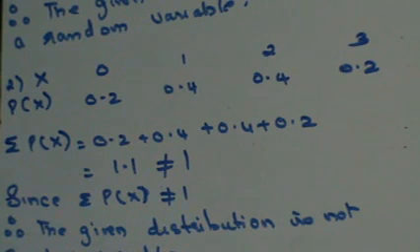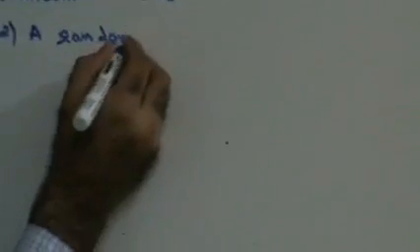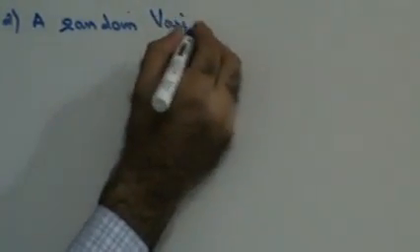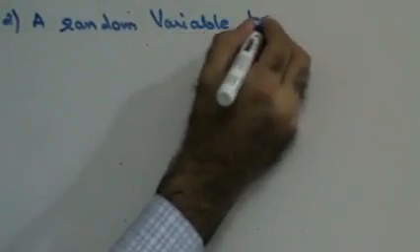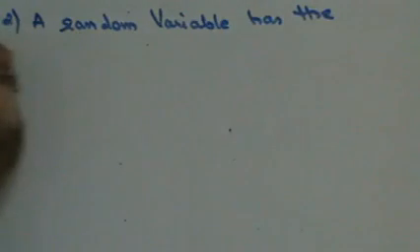Next, let's see another sum. A random variable of x has the following probability distribution.